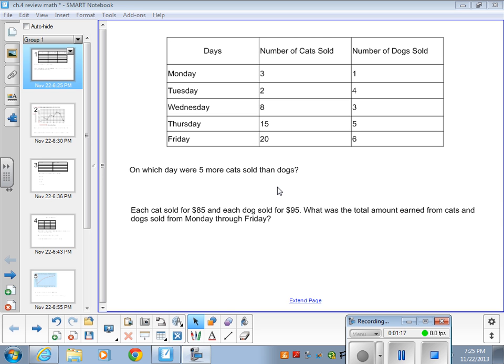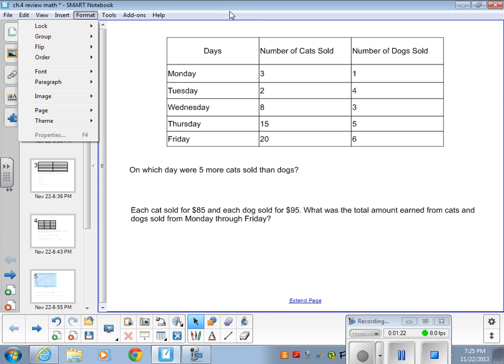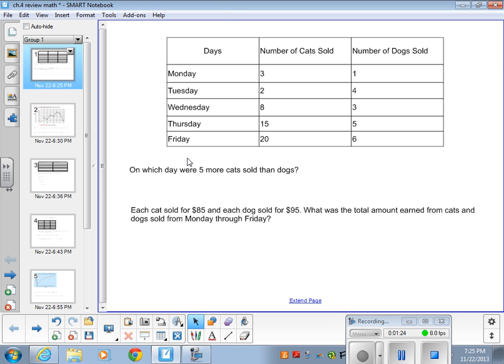Before we can answer this, we have to make sure we understand the words used in this problem. So I'm going to highlight some words. There were 5 more. 5 more.